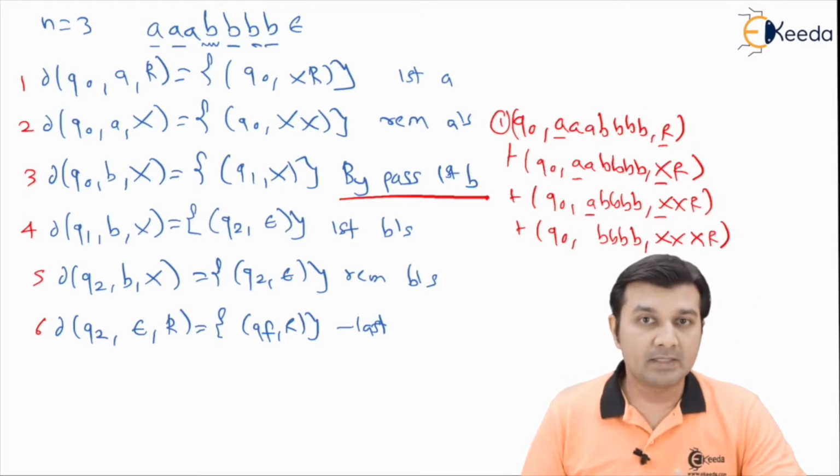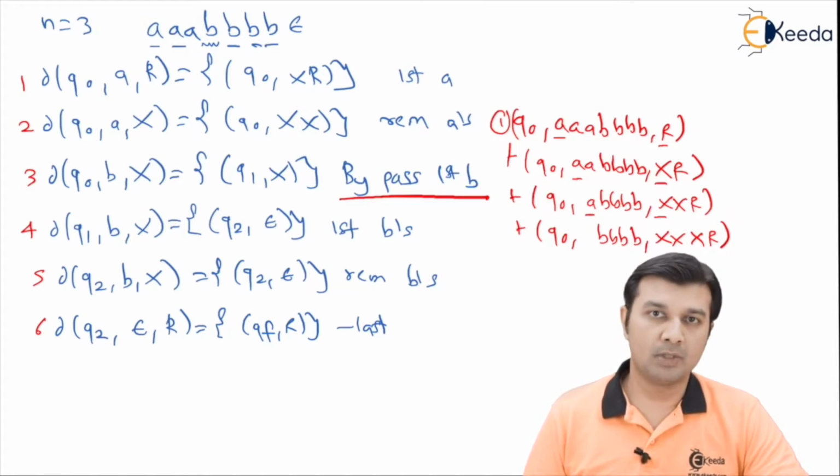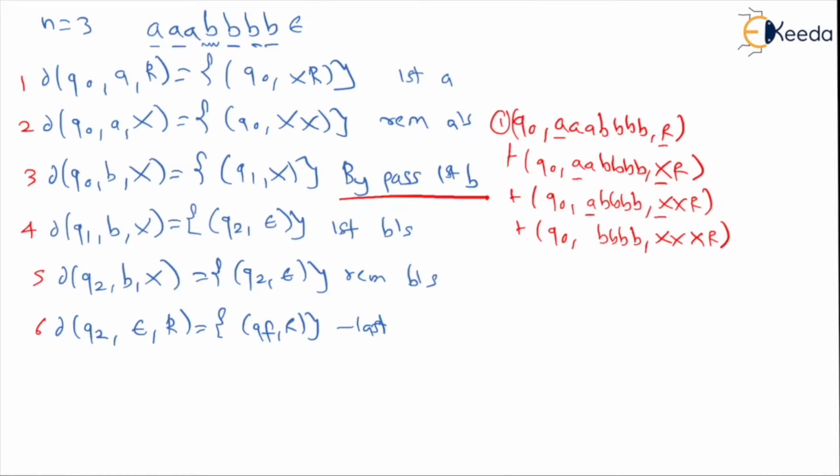So for 3 a's, 3 x's are pushed on the stack. Further, q0 on b when the stack top is x, for the first time I'm encountering a b that signifies a state change using my rule number 3, and I have 3 b's followed by xxxr on the stack.